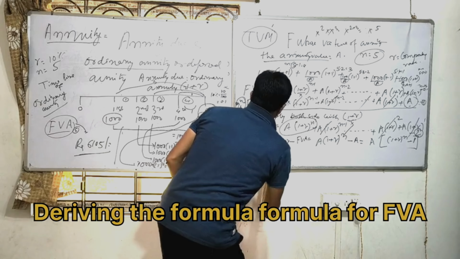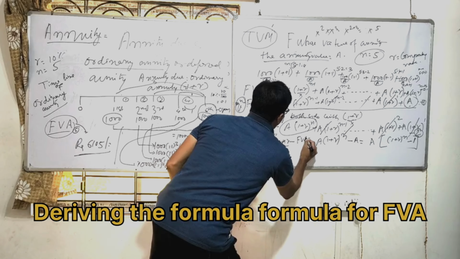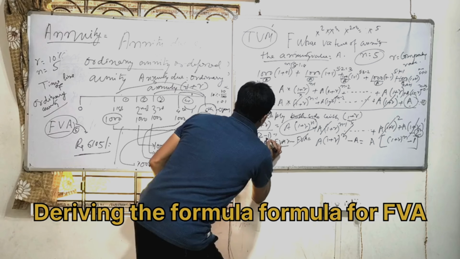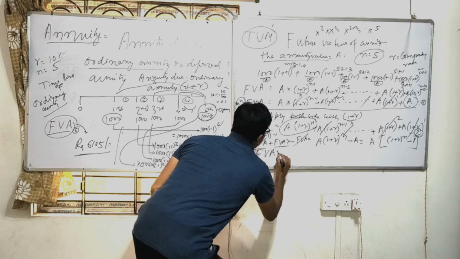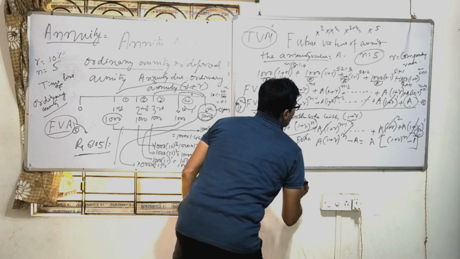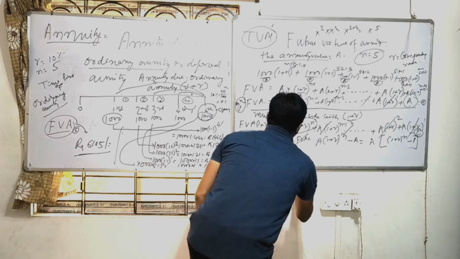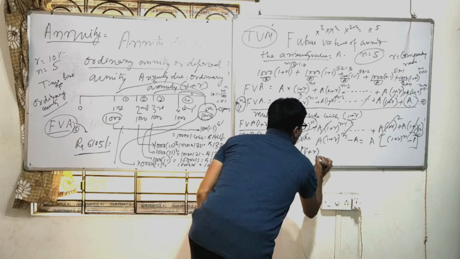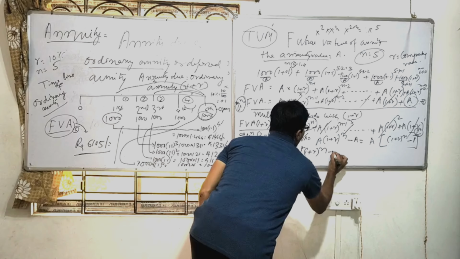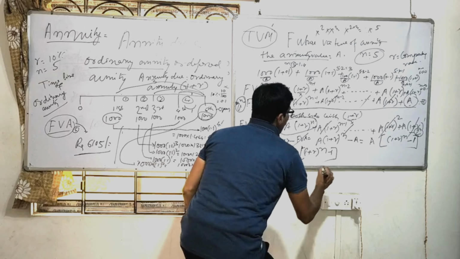So here I am cancelling the future value of annuity. So future value of annuity into r is equal to a into 1 plus r to the power n minus 1.